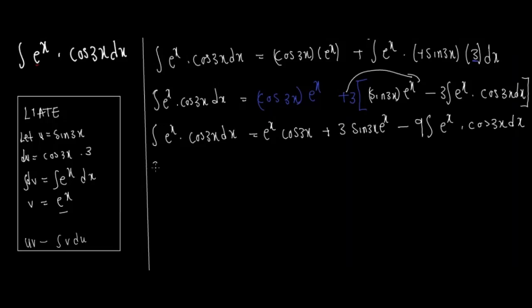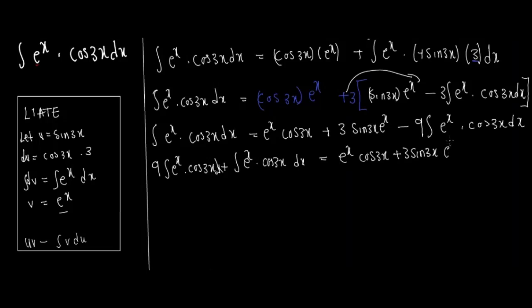So we'll have 9 times the integral of e to the x cosine of 3x, plus the integral of e to the x times cosine of 3x dx, which is equal to e to the x, the cosine of 3x plus 3 sine 3x e to the x, plus the constant of integration.